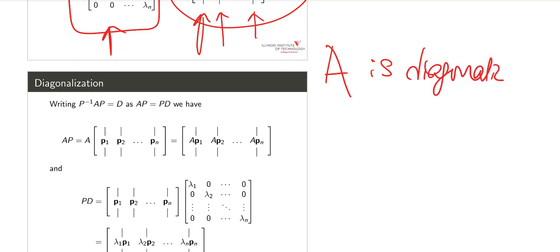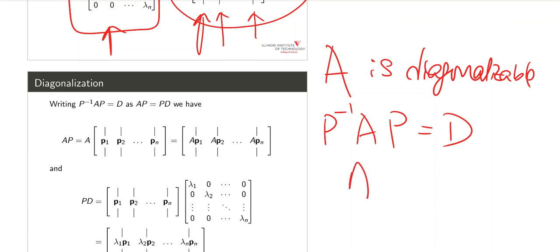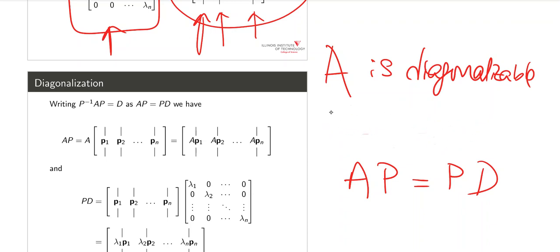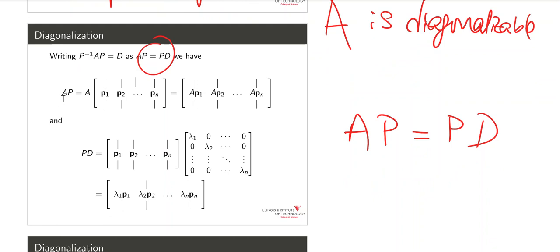From the definition of A is diagonalizable, we know there exist D and P such that P inverse AP equals D. In particular, AP equals PD, because you multiply by P to cancel things out. So P inverse AP equals D is the same as AP equals PD. Let's write this out.